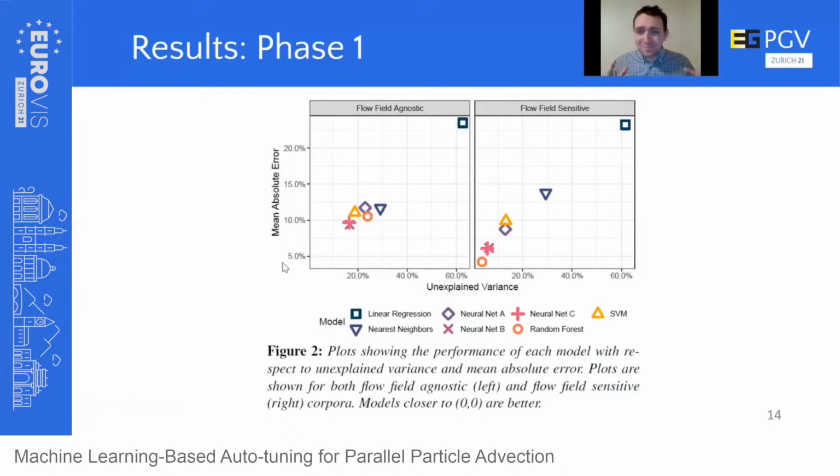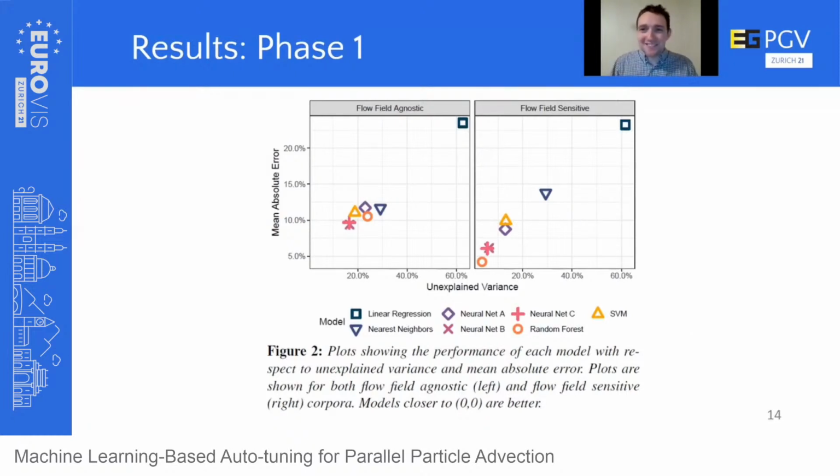Given the predicted amount, how well did we do compared to ground truth, as an absolute value. And then we also compared unexplained variance. Unexplained variance is really similar to R-squared, if you're familiar with that.